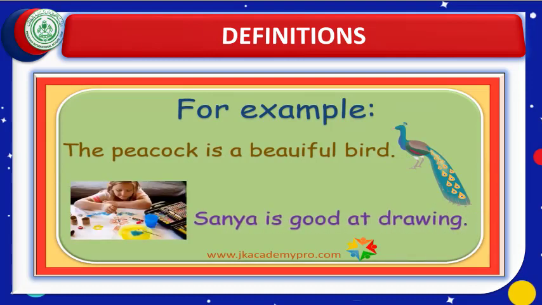Sanya is good at drawing. In the first sentence, it begins with the capital letter T and ends with a full stop. The second sentence begins with a capital letter S and ends with a full stop.